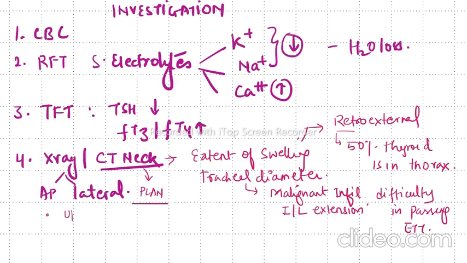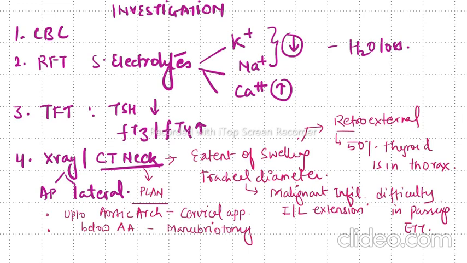If it is up to the aortic arch, the surgeon can do the surgery through the cervical approach only. If it is below the aortic arch, then they may have to do manubriotomy. And if it is below the right atrium, then they need to do sternotomy.